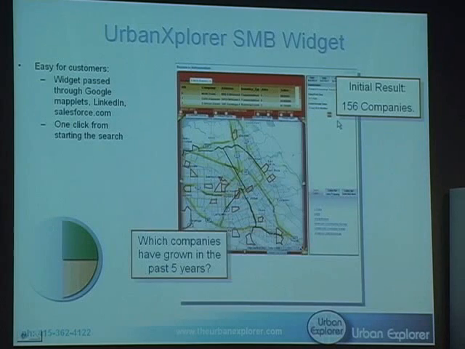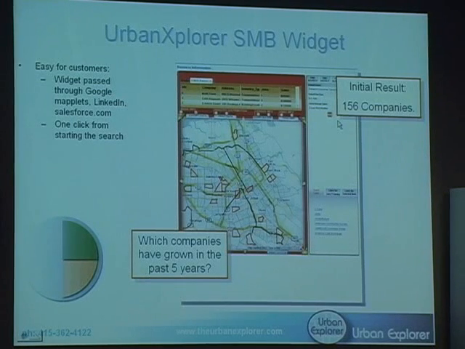With that first click, you get to where you were with that other one, which is 156 companies. You get that green wedge, but it's still not giving you that golden triangle.